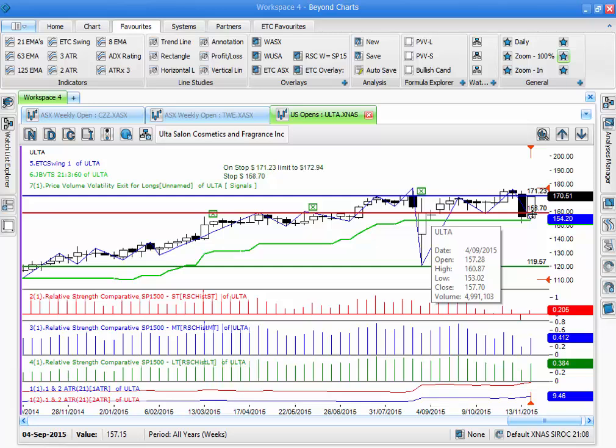So at that point there, that would be an exit out of ULTA. So it would be exiting that at market at the very next open. Okay, so that's the candle that formed late on Friday at the close of the market. So we wait for the market to open on a Monday and we exit at that particular time.